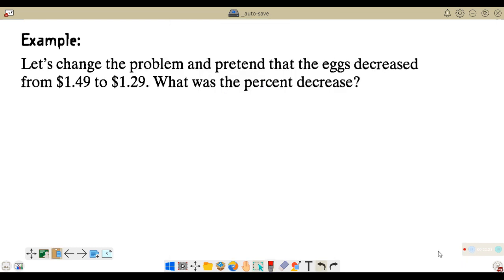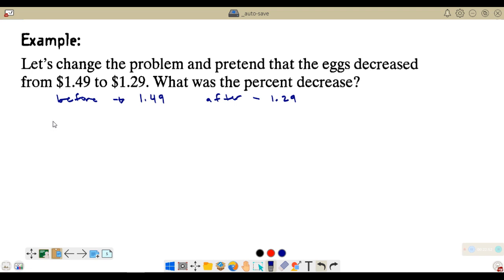Okay, so here, we reversed the problem. The before and the after are swapped. Now, the initial price, the before, is 1.49. And then the after, we have 1.29.